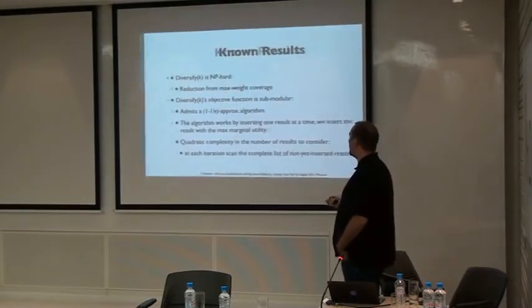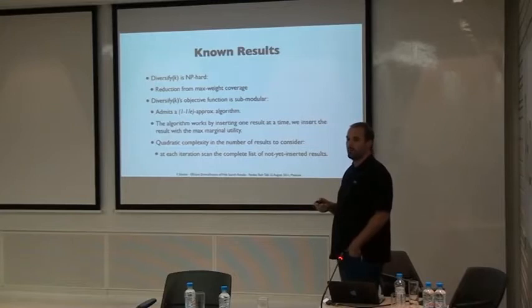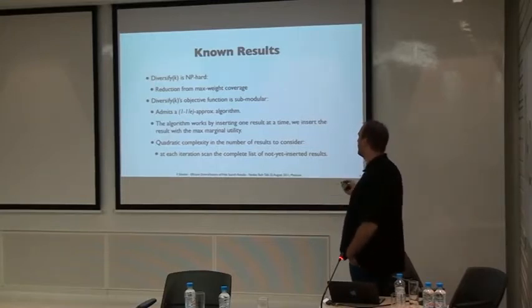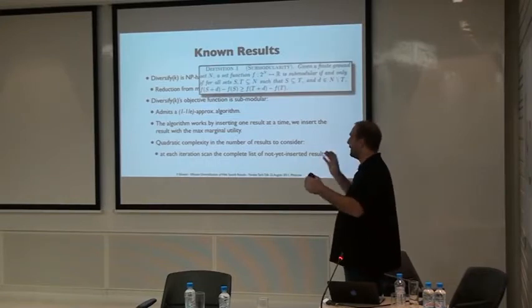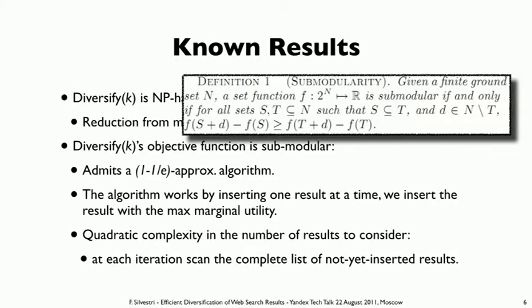So basically, you want to find a set of documents, this set S, that is obviously contained in the result set. The cardinality of the documents you want to retrieve is K, and this subset of R_Q must maximize this function here.